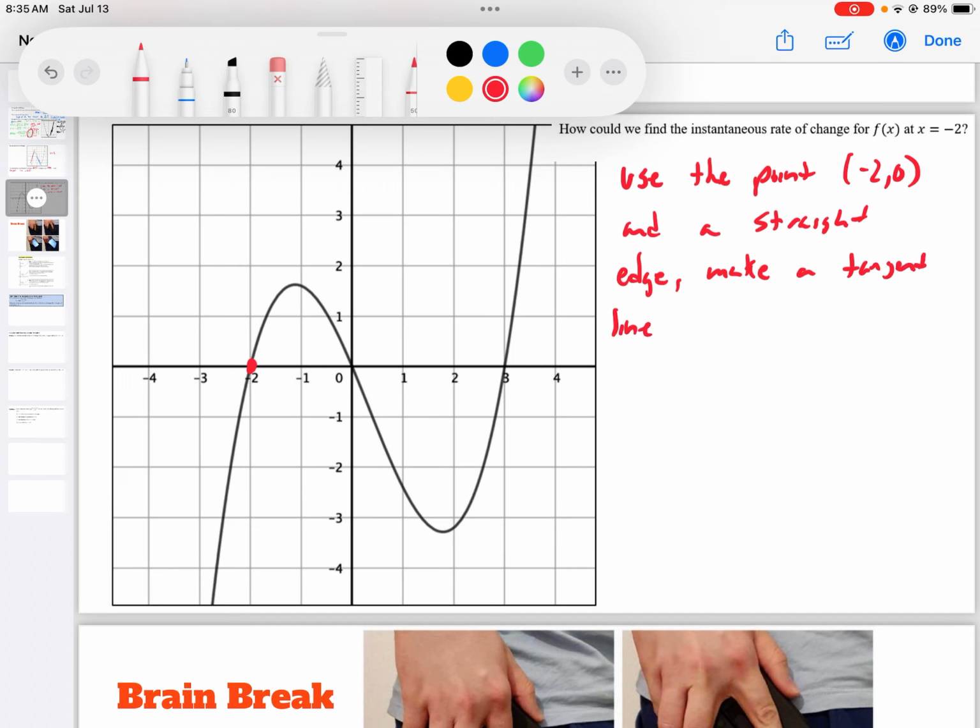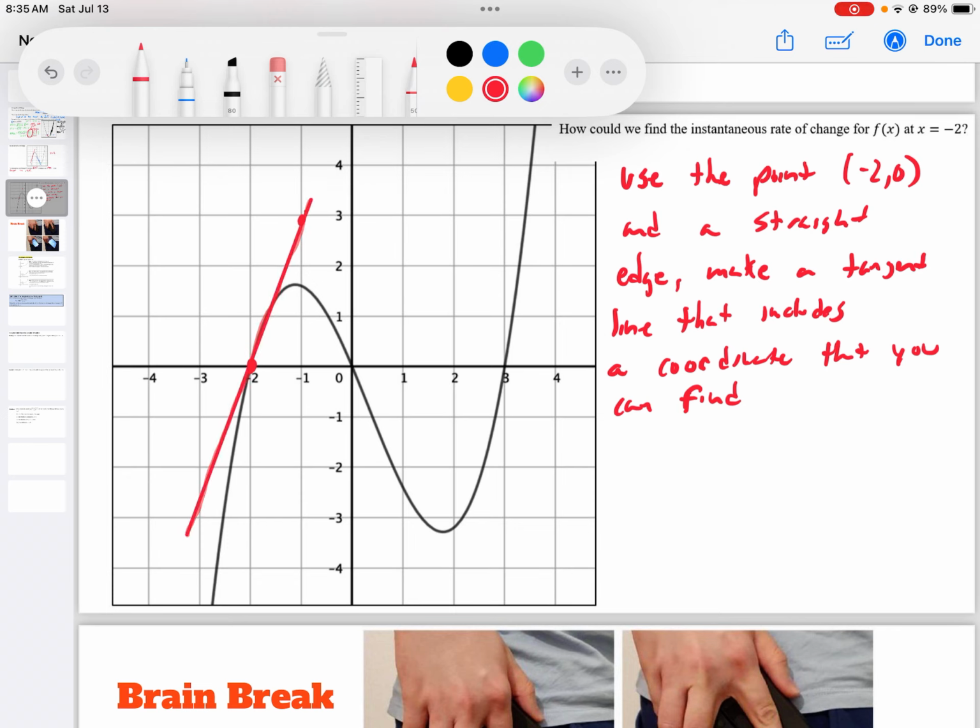Make a tangent line that includes a coordinate that you can find. Oops.